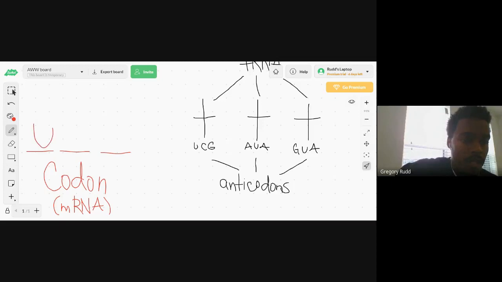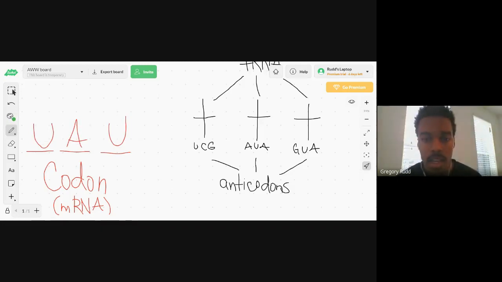And that codon is UAU. Which one of my tRNAs corresponds to that codon? Which one of my tRNAs over here has the right anticodon for this codon?